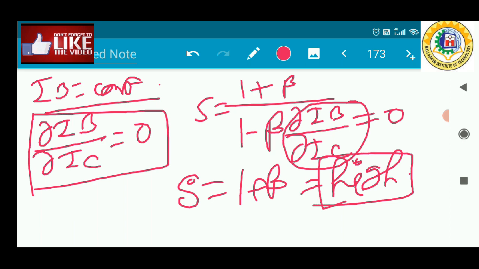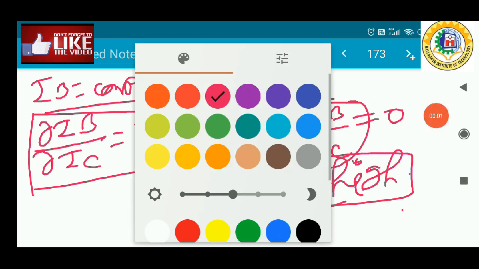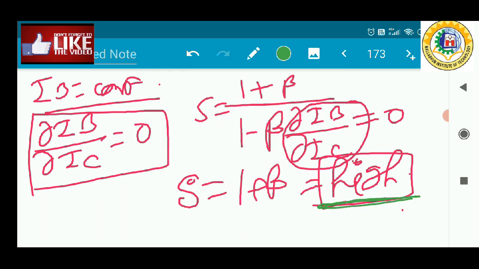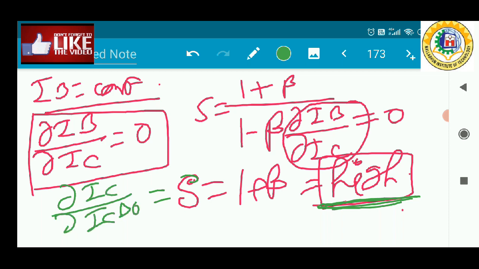So this is quite a high value, which is not desirable, because if the stability factor is very high, the change in IC with respect to ICBO is very high.